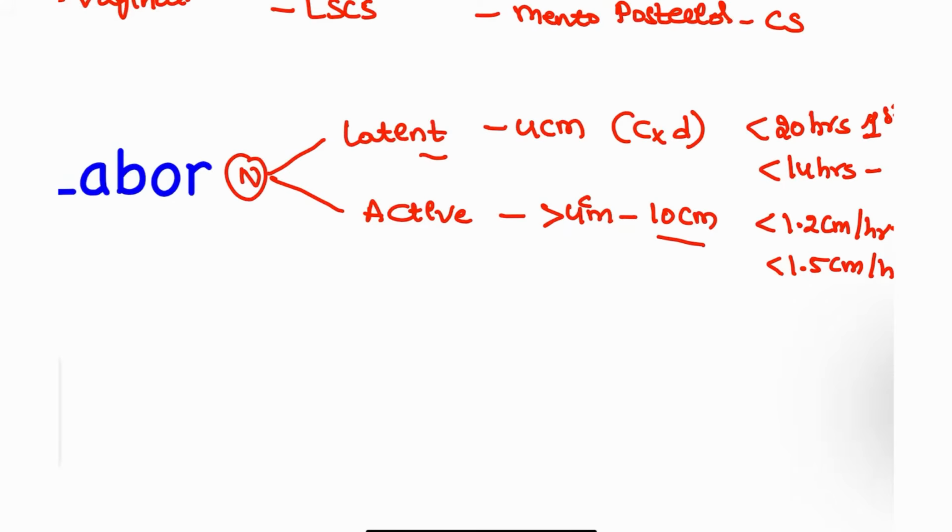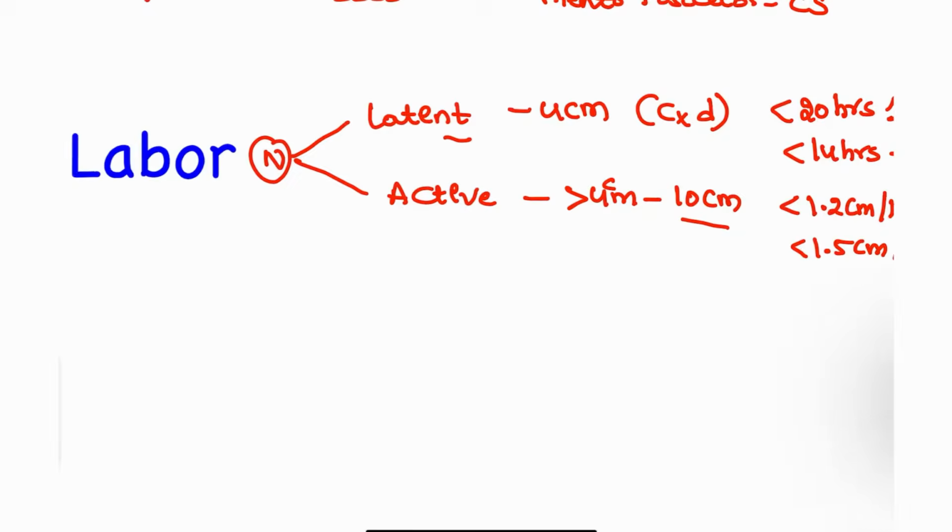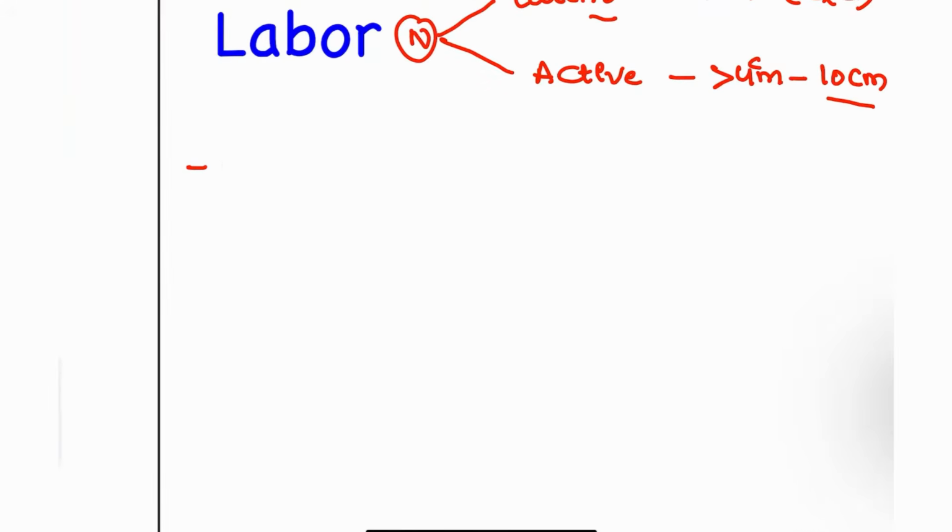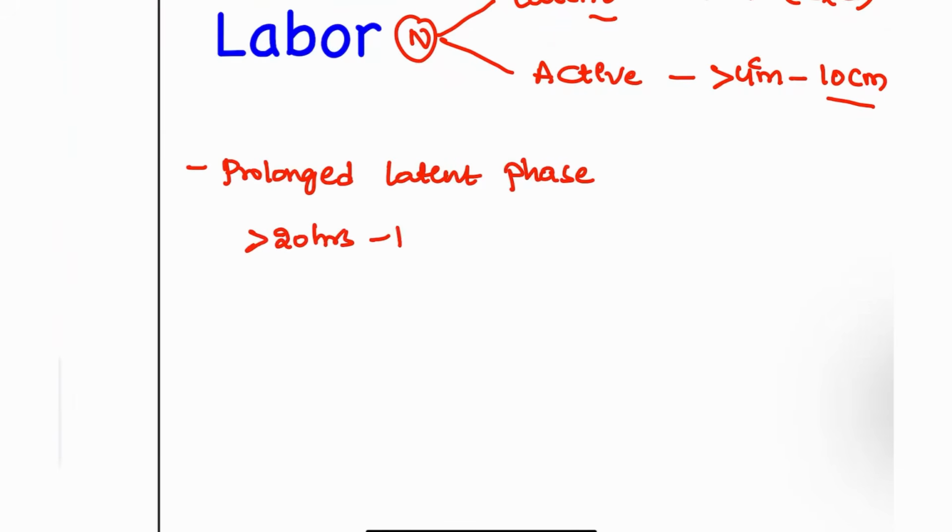Next, we also have abnormal labor. In this, the first one is the prolonged latent phase. When we define the prolonged latent phase, it is more than 20 hours in the primipara, or more than 14 hours in multiparous patients.